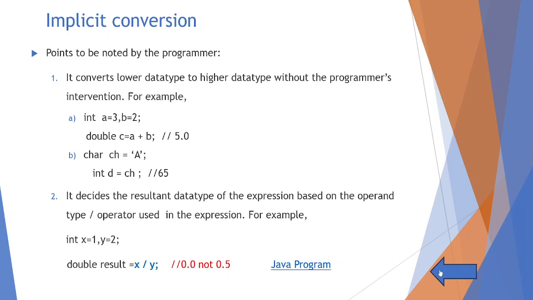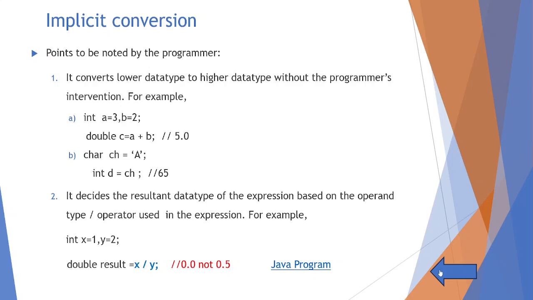Stores. Now char c is equal to 'A'. It's a character, but we are trying to store it in int d. So Java understands, okay, I'll store the Unicode value in int d, that is 65. This is the first part. The second part is that it decides the resultant data type of the expression, which we understood in the previous slide based on the operand types.